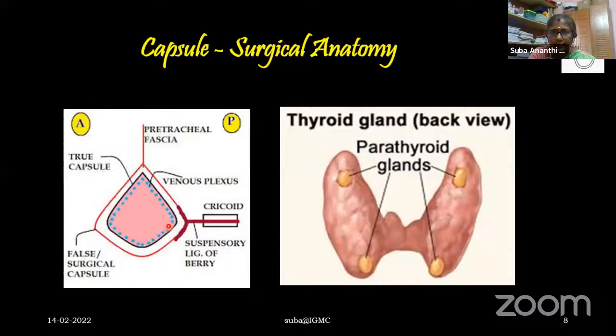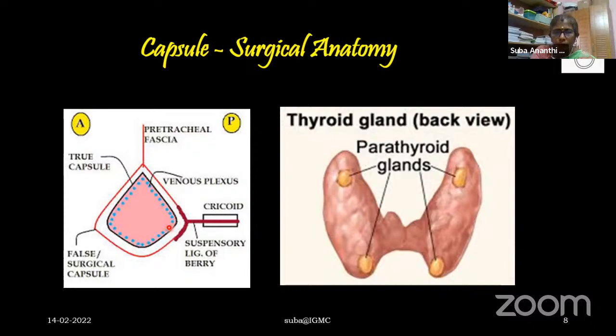If you look at the clinical aspect of the capsule, this is the true capsule. Beneath the true capsule lies the venous plexus. Outer to it lies the true capsule.